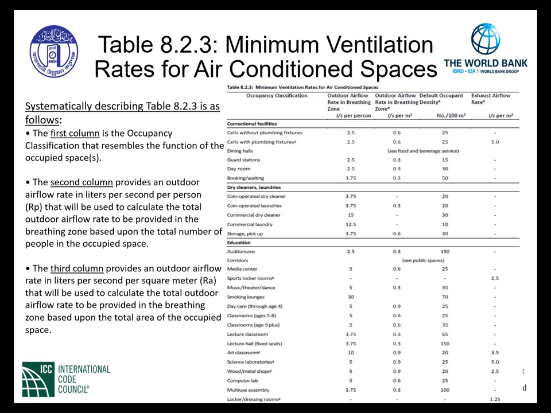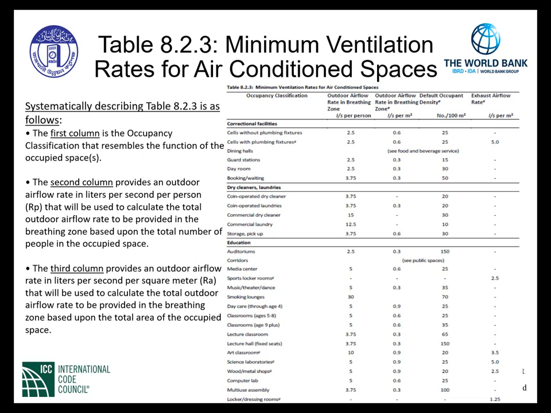This is where we pick this variable, and we will integrate this variable into an equation and ultimately calculate the total outside air requirement for mechanical ventilation. This is just one part that we have to integrate into an equation that I will show you coming up in a slide later on.